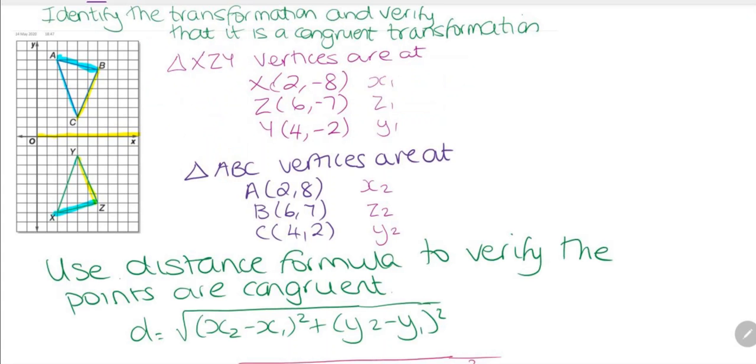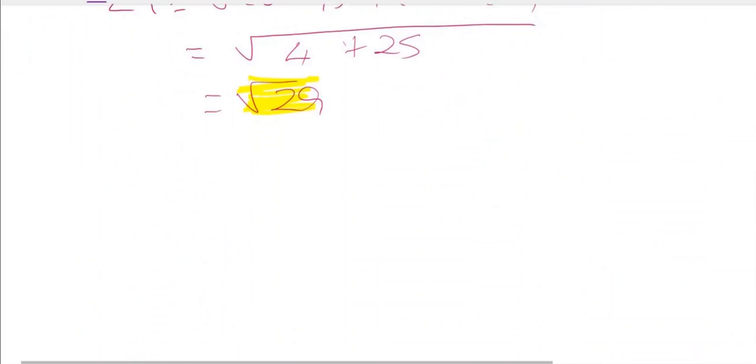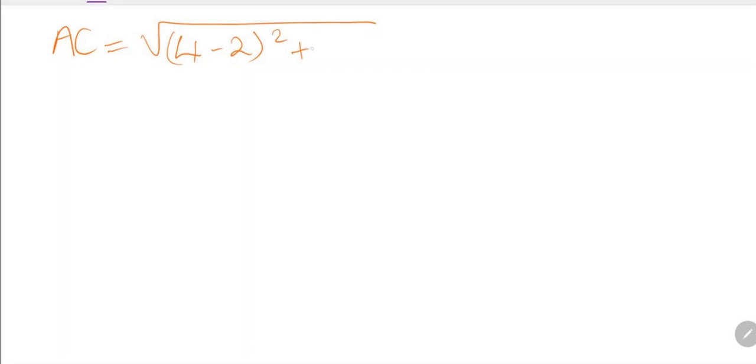So we're going to look back now, and we need to look at AC and XY. So we're going to check if they are the same. So the distance formula, we've got AC and XY. So AC, and the distance formula, we've got (4 minus 2) squared plus (2 minus 8) squared, and that will be root 40.